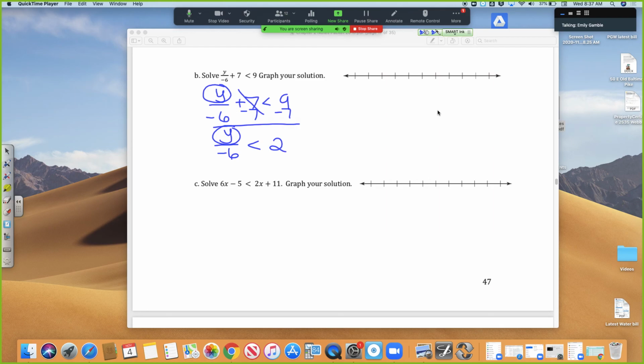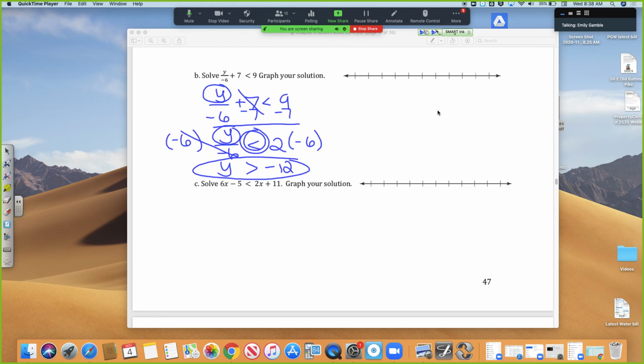So we're going to multiply by negative 6. And then that rule that I explained earlier is going to happen in this problem. Because we multiplied by a negative number, the sign here is going to flip from a less than to a greater than. 2 times negative 6 is negative 12. So the answer is y is greater than negative 12.